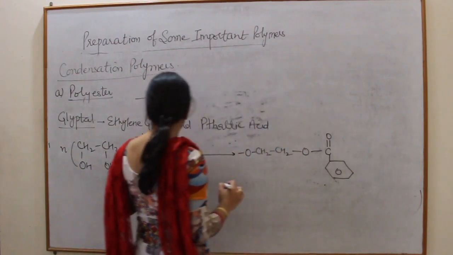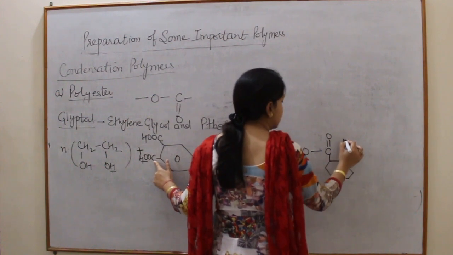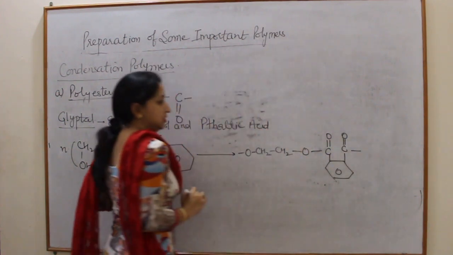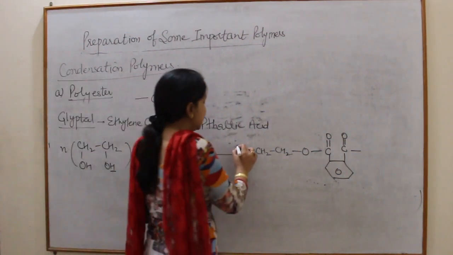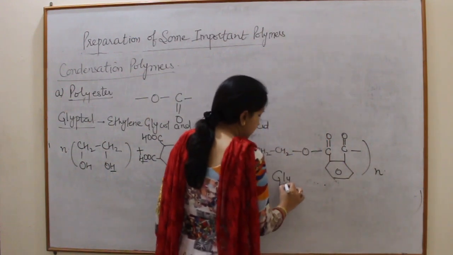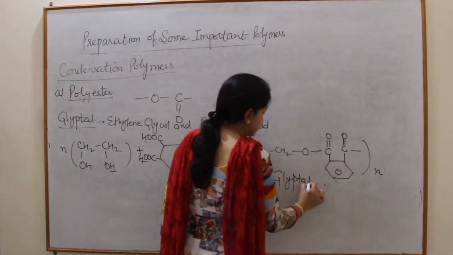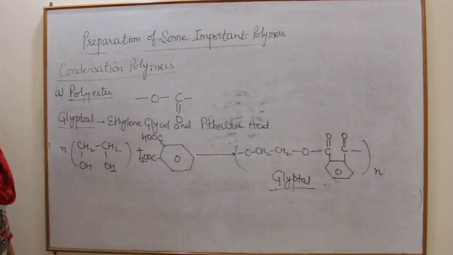This is your benzene ring, and the second CO is ortho to this position. So basically this is your glyptal. It is used for the preparation of paints and cements, etc.